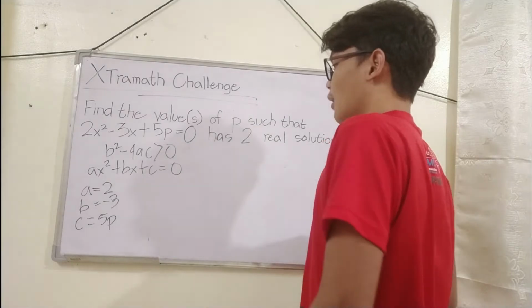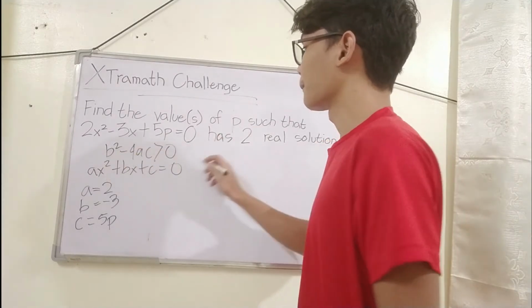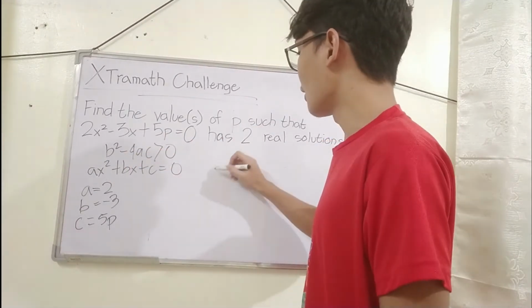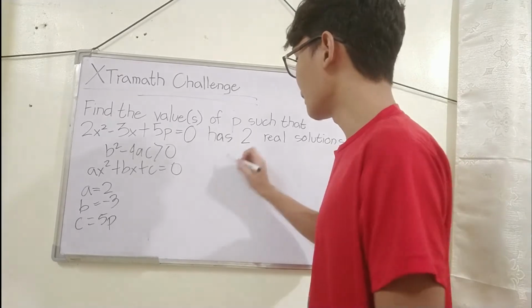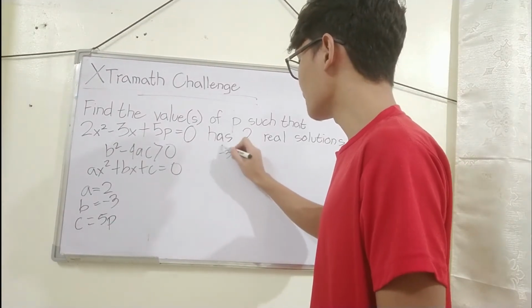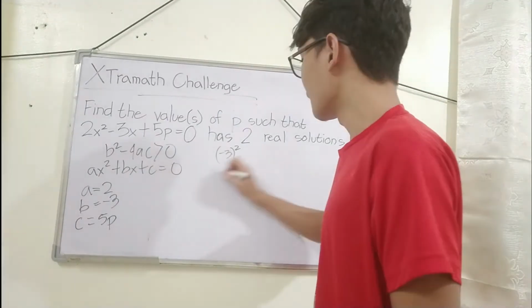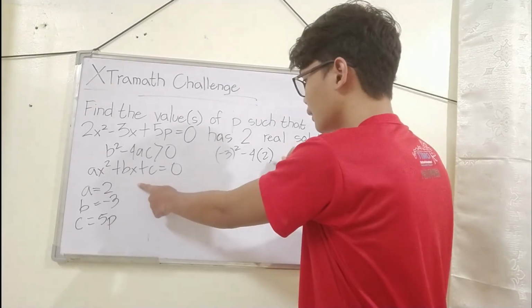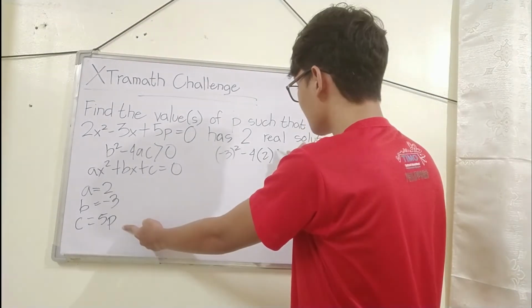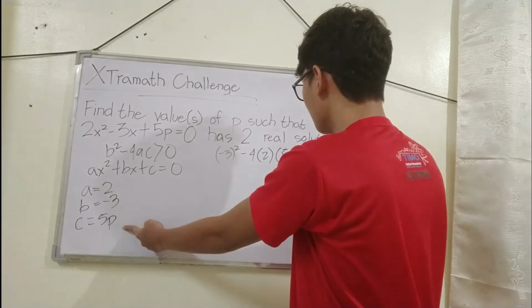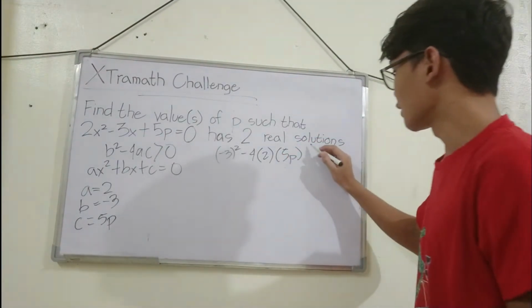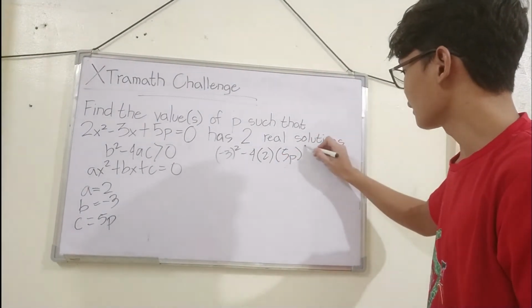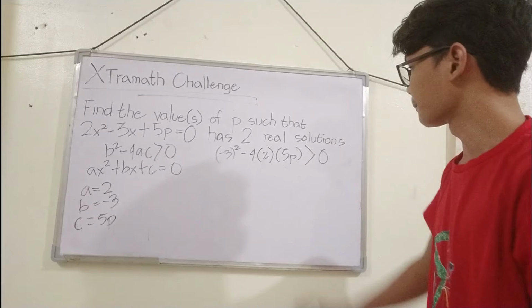Now, since we have the values for our variables, we can substitute these values into the inequality. Our b is -3, so we have (-3)² minus 4 times our a, which is 2, times c, which is 5p, and it must be greater than 0.